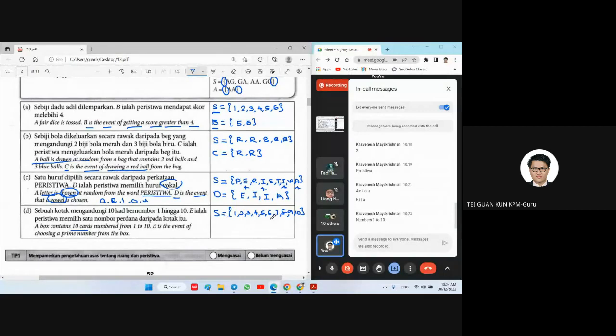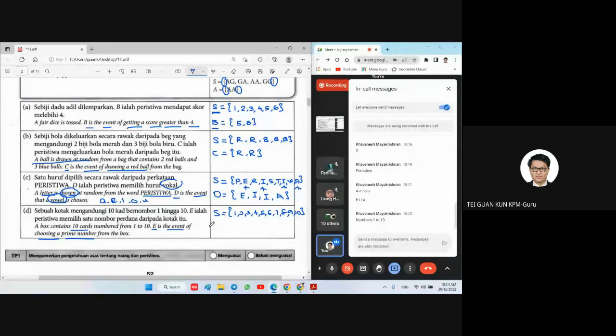Sebab dia kata apa? Sebab dia kata E is event of choosing a prime number. Maknanya awak akan pilih lah nombor daripada box ini. So, apa yang ada dalam box ini? Box ini have 10 numbers. Ada 10 kad lah. Kad tu ada nombor.